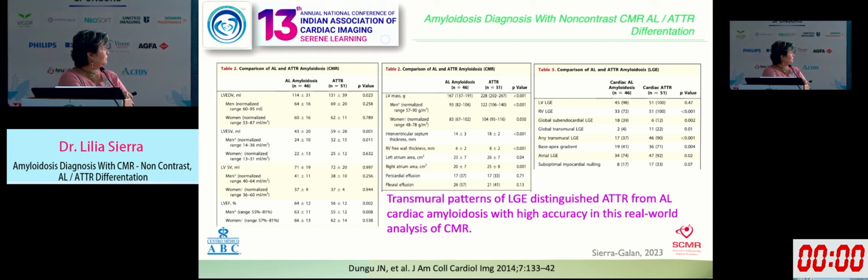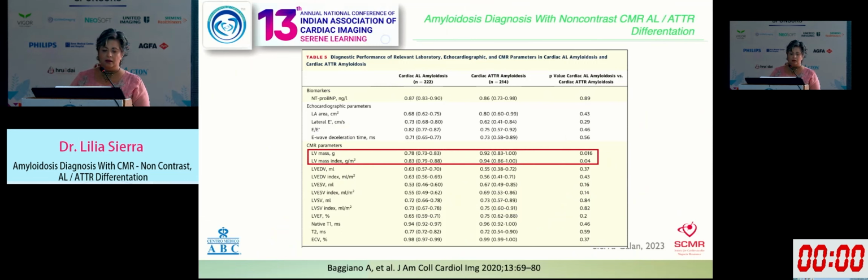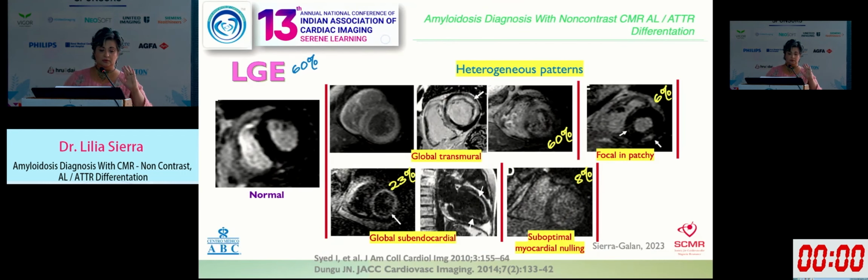Most of them are not able to differentiate between AL and ATTR. Only two parameters are consistently different, which are the LV mass, which tends to be higher in the ATTR, and the native T1. So keep those in mind.